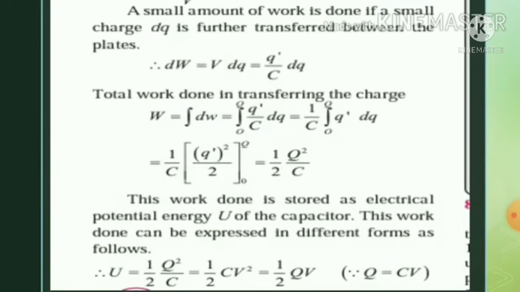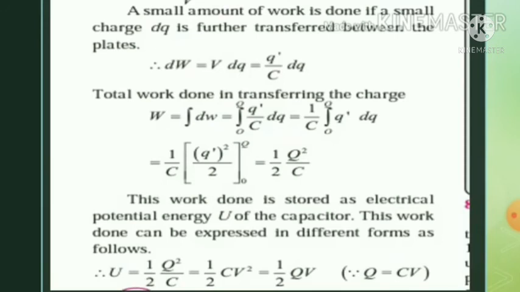Then we can write dW equal to Q dash upon C into dQ. This is a small quantity of work done in terms of charge and capacity.